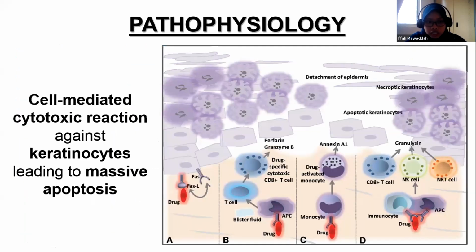For the pathophysiology, it is suggested that SJS is due to a cell-mediated cytotoxic reaction against keratinocytes that leads to massive apoptosis. If the cell is healthy, we know that the cytotoxic T cell doesn't recognize the peptide as foreign and nothing happens. But in Stevens-Johnson syndrome, it is a type 4 hypersensitivity reaction.